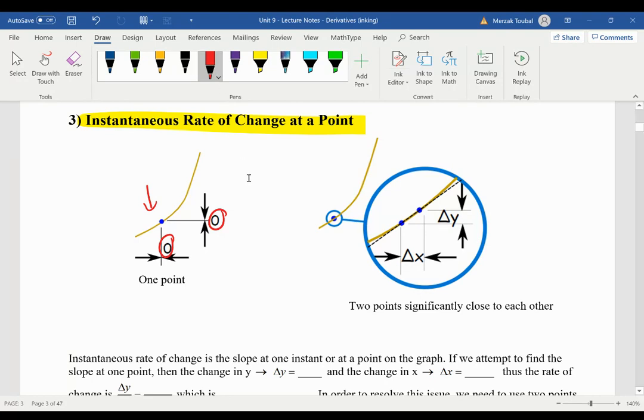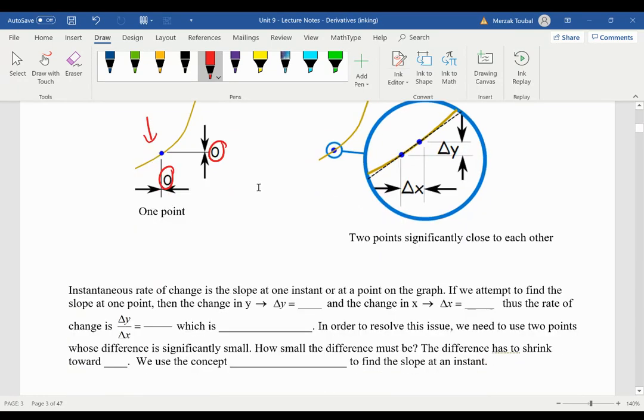So let's try to calculate the slope at 1 point using the change in x is 0, change in y is 0. So please follow me on this. Instantaneous rate of change is a slope at 1 instant or at 1 point on the graph. If we attempt to find the slope at 1 point, then the change in y, delta y, equals 0, and the change in x, delta x, is also 0.